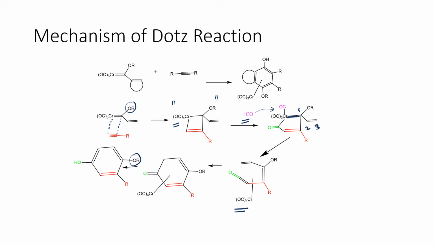Let me mark the two new bonds for you with the dotted lines, which I have done here. And in the product also, let me mark it with a red color so you can recognize it very easily. So these are the two new bonds that have been formed. The triple bond has become a double bond, and the double bond has become a single bond. And two new bonds, a carbon-carbon bond and the chromium-carbon bond, have been formed.